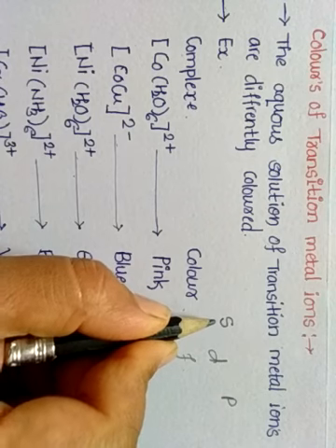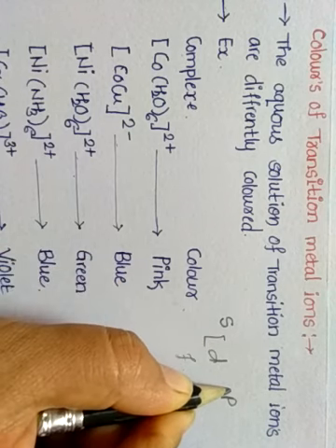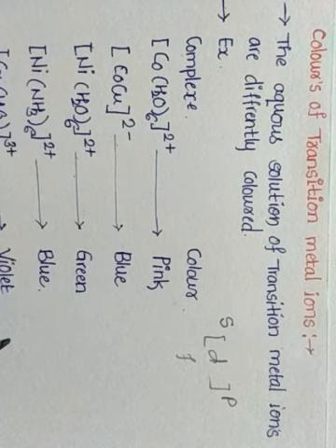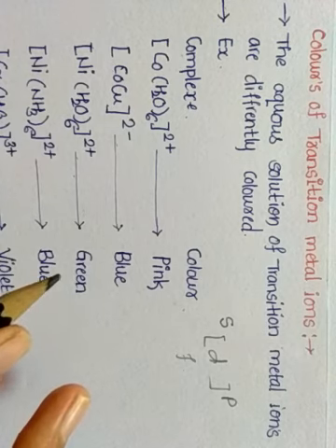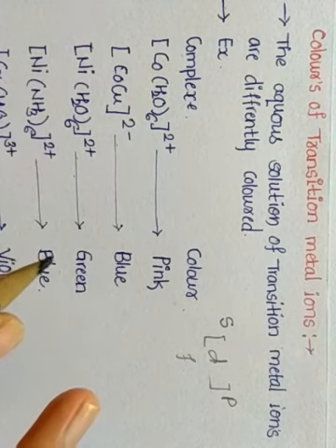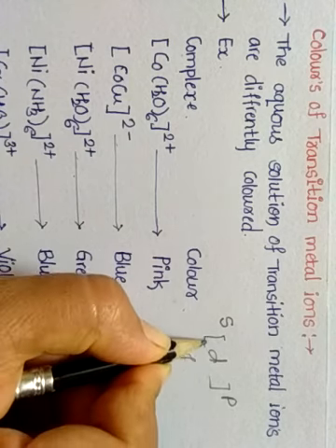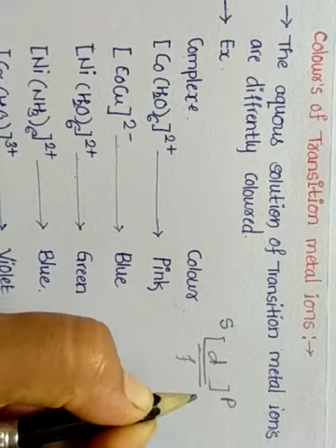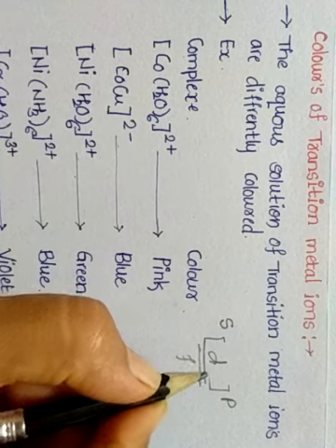The elements which belong to the d block, we usually call them transition elements. And the metal present in the d block, we call it a transition metal.